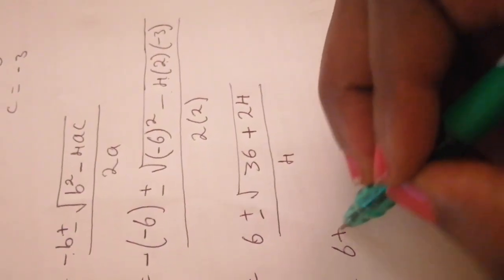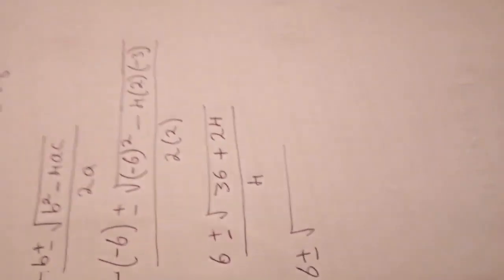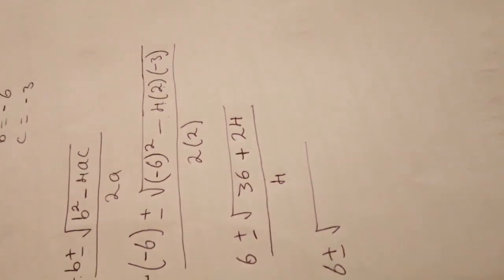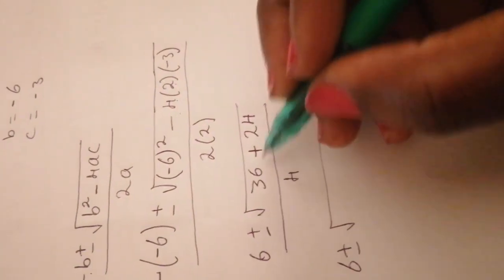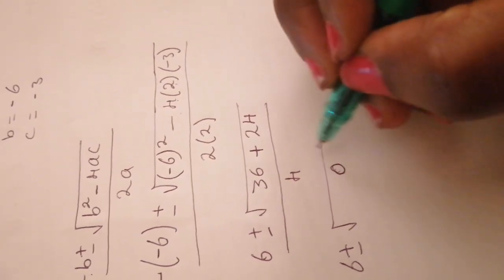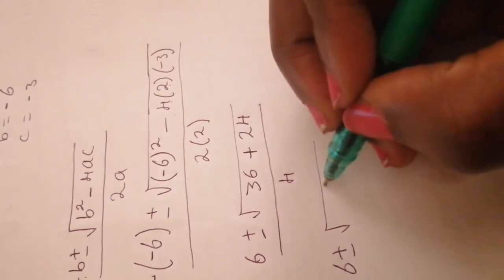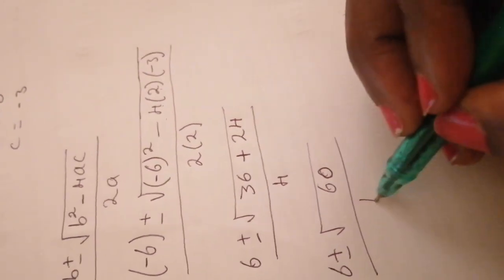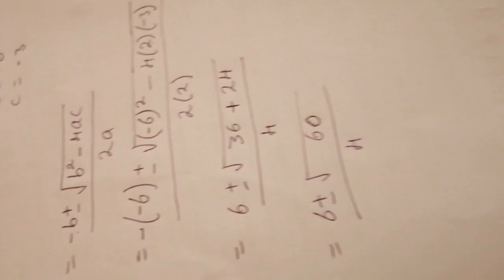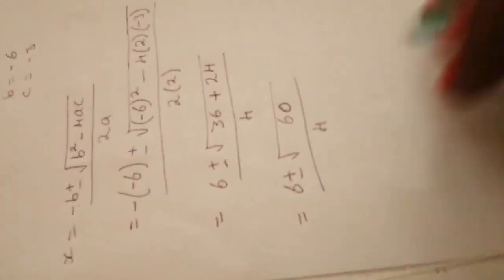Next, we have 6 plus or minus square root of 36 plus 24 will give us 60. So square root of 60 over 4. Okay, again, we can separate them.